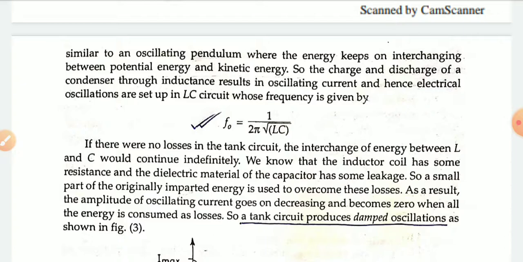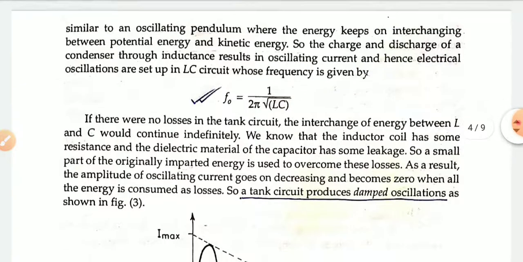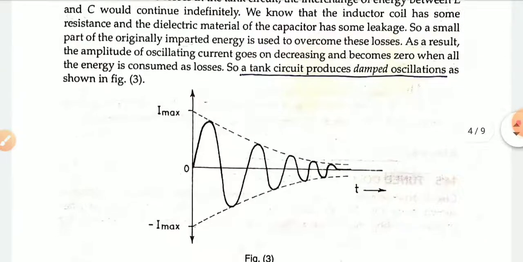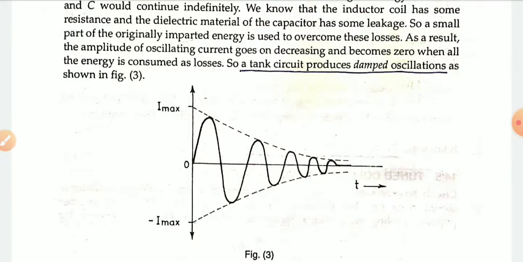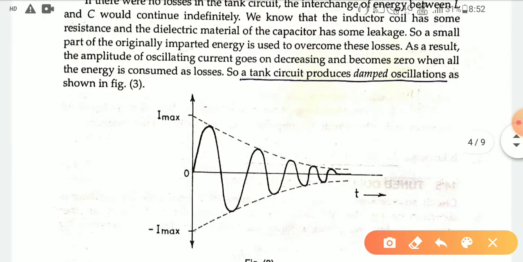Power consumption occurs in both L and C. So after a certain time, the oscillation will decay. That is, the output waveform of the oscillator will be a damped one, with a slope created there, and after a certain time no oscillating signal will come out.